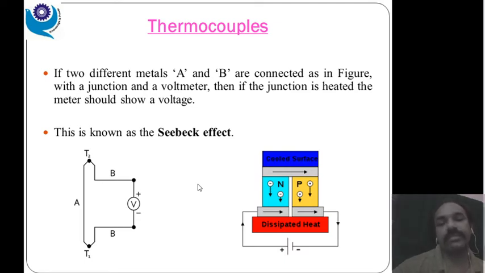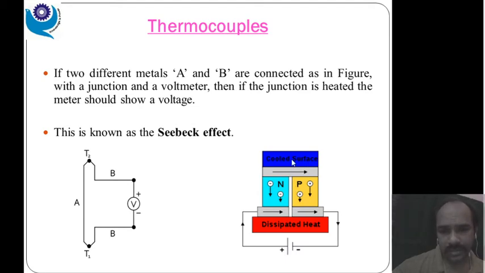We can see in the picture, there are two types, this is N, this is P. There are basically two dissimilar metals, and this is a junction.